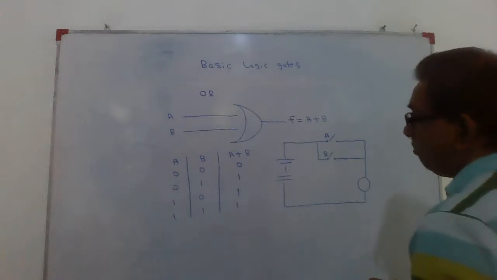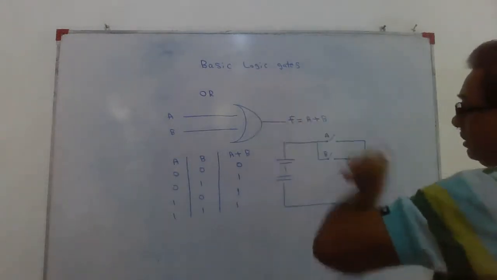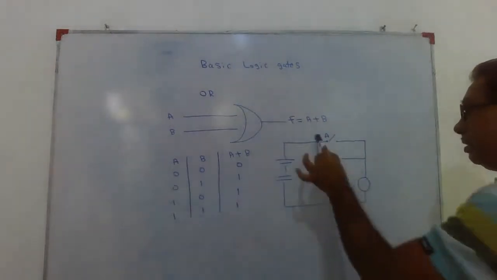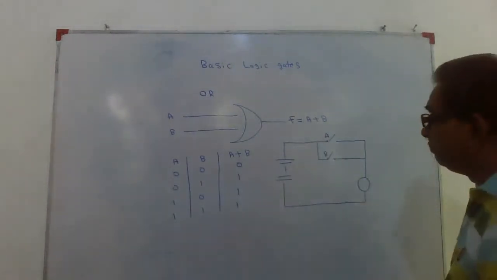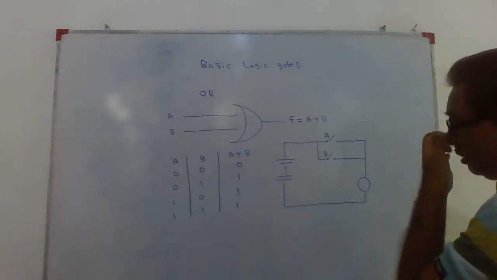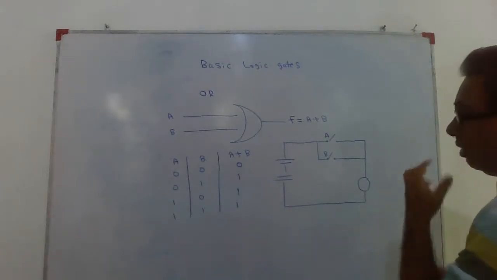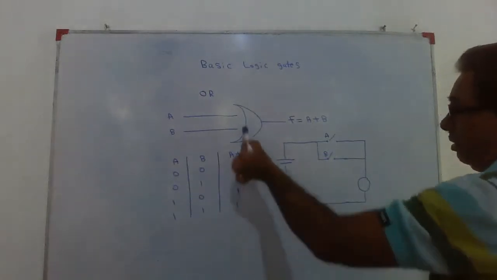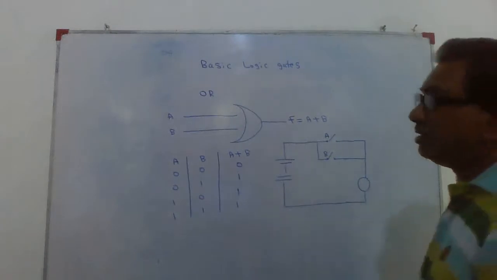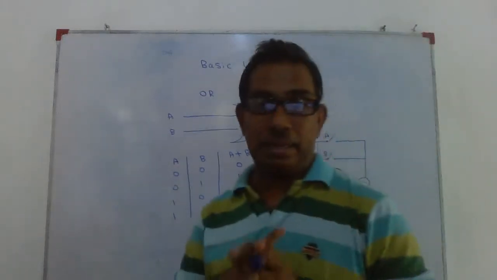So then the bulb can be lit. So this is the way of the OR gate. So here you see a parallel circuit structure in order to get an idea about the OR gate. So these are the 3 basic gates.